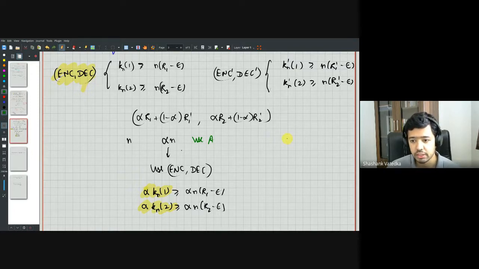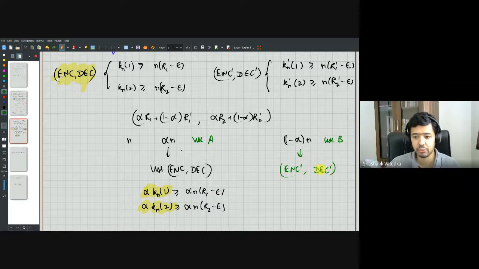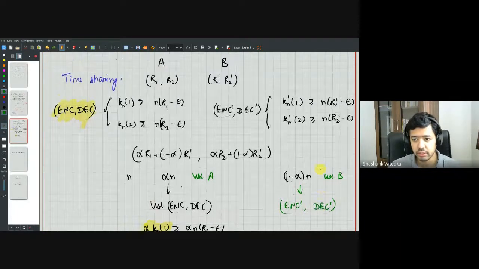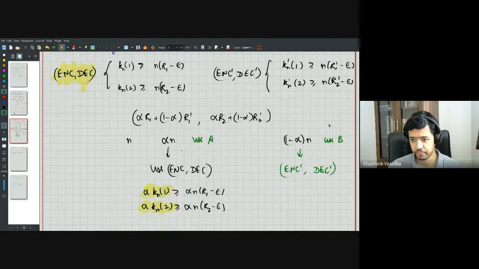In the next (1 minus alpha) n channel uses, you use the other coding scheme, coding scheme B, so you use encoder prime, decoder prime. Since these are sequences of encoders and decoders, they're well defined for each n.